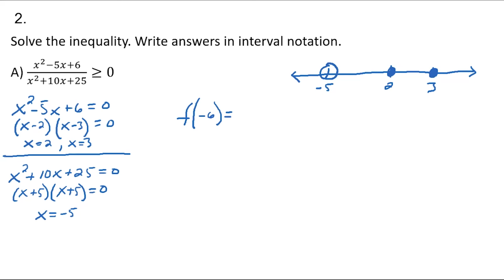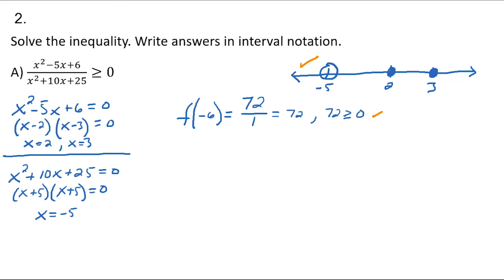In the interest of time, if I plug f of negative 6 into this function, I get 72 on top and 1 on the bottom, which equals 72. And 72 is greater than or equal to 0, so yes. I can check this off, that is a valid interval.